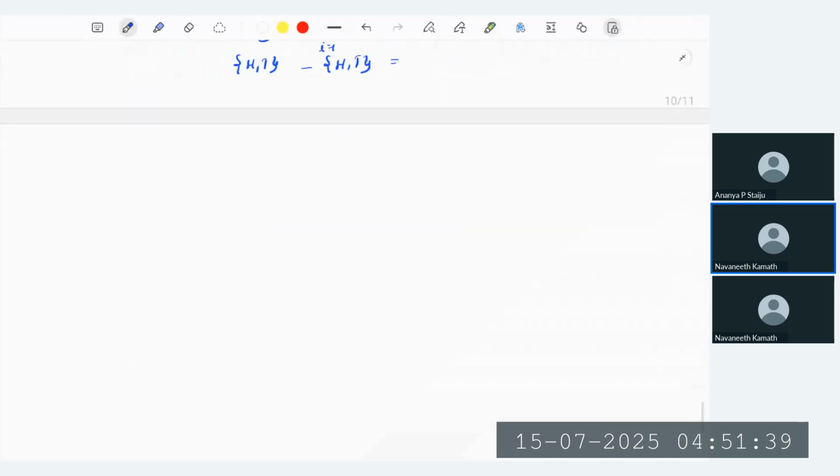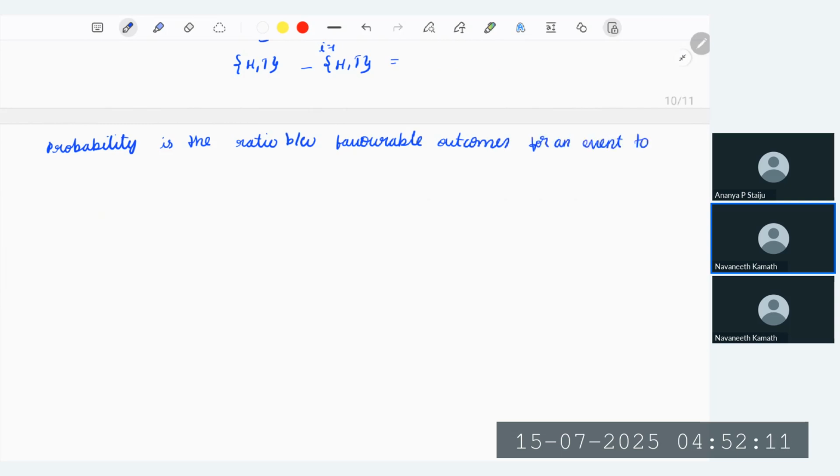Before that, we should be knowing what is probability, right? Probability is the ratio between favorable outcomes for an event to the total number of outcomes.